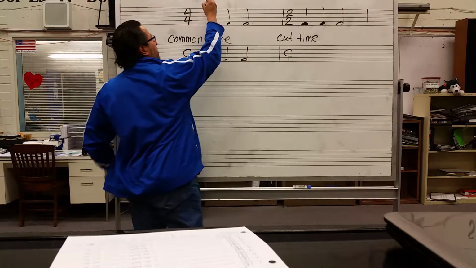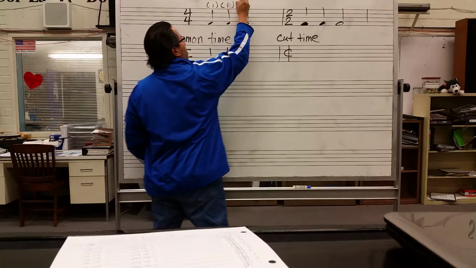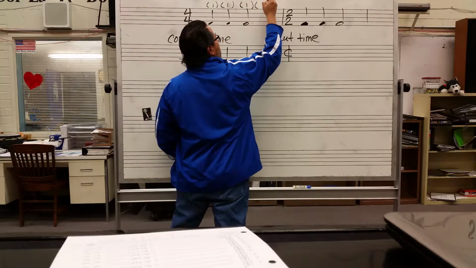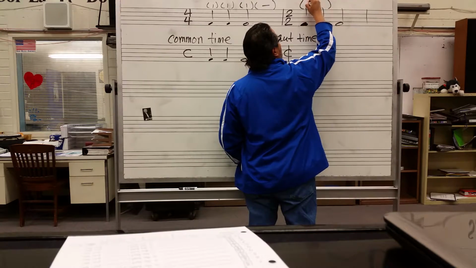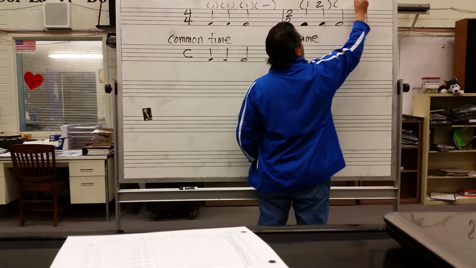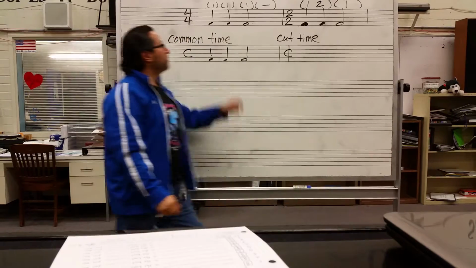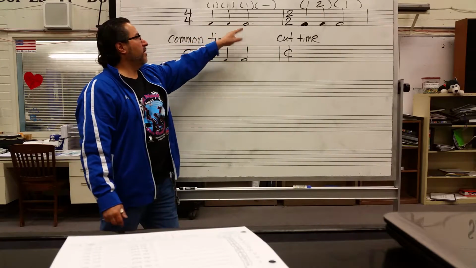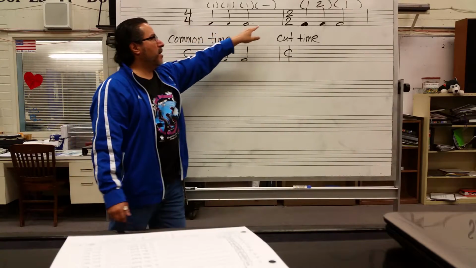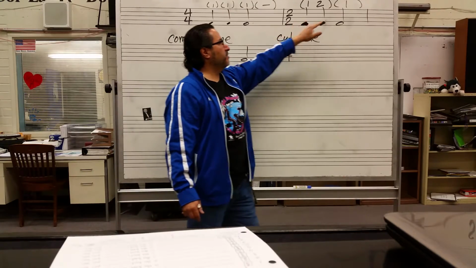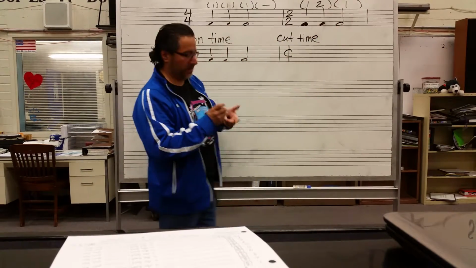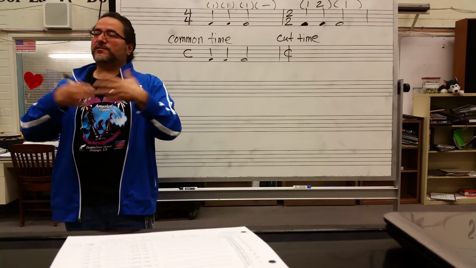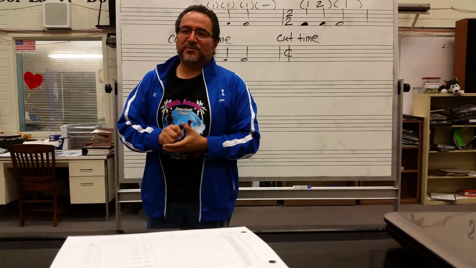This one basically has 1 beat, 2 beats, 3 beats, 4 beats, and this one has 2 beats. It just moves faster. Okay, and that's the difference between common time and cut time, and this is the presentation on time signatures. Thank you.